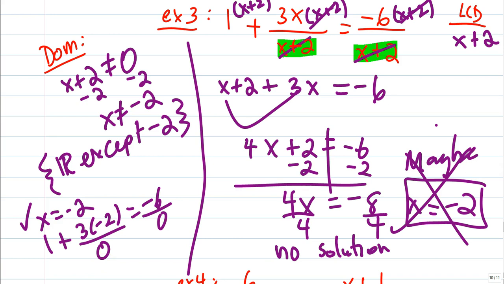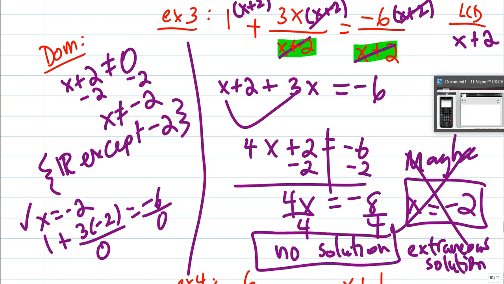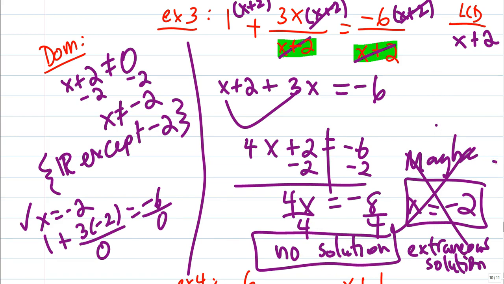It doesn't work. So we get answers algebraically. We followed all the rules. It's not like we made a mistake, but that answer doesn't work. This is called an extraneous solution. And since we were not left with any solutions, there was no solution. Onward.